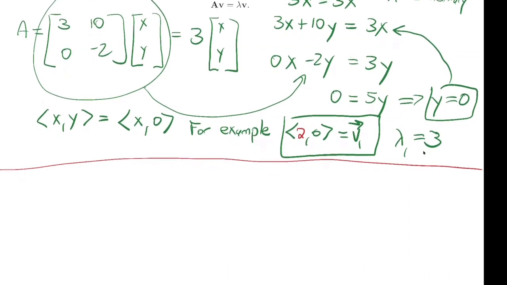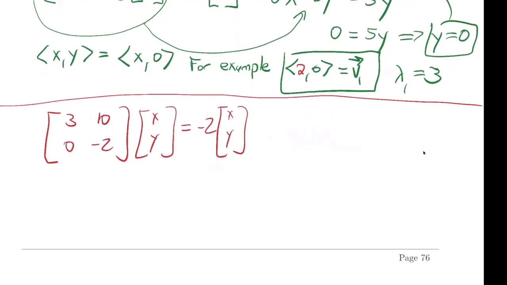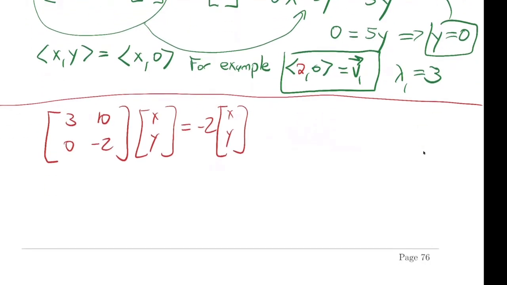Okay, and then we could do something similar with the other eigenvalue. And in this case, that was -2. And so this would give us 3x plus 10y is equal to -2x.